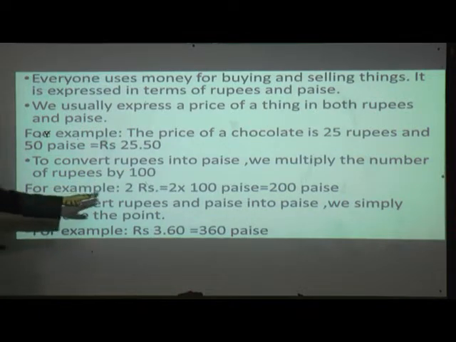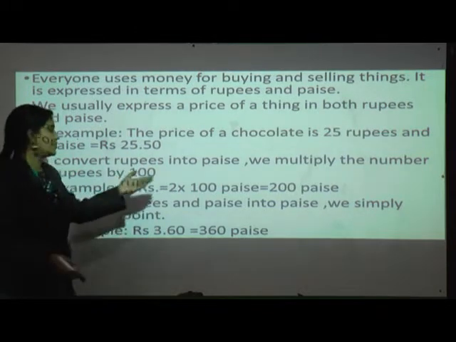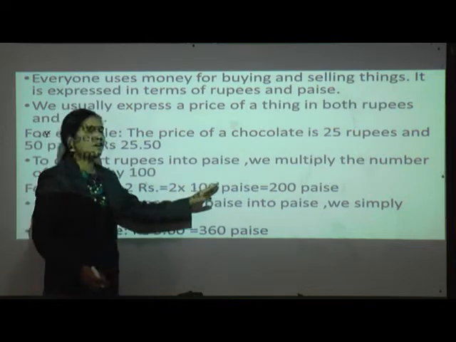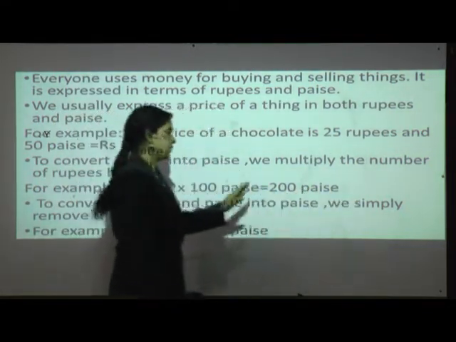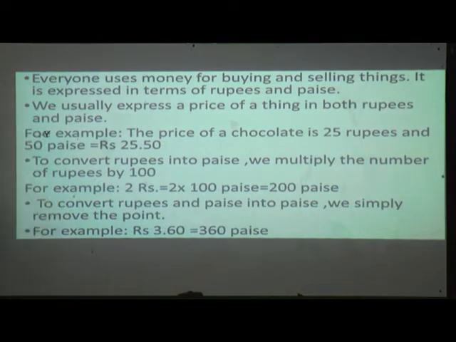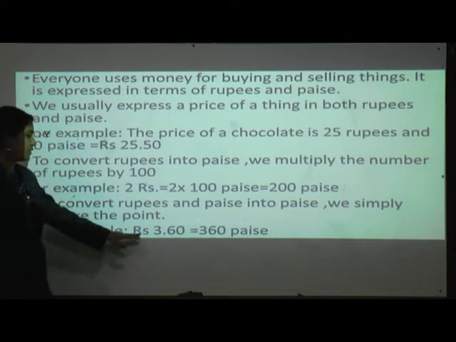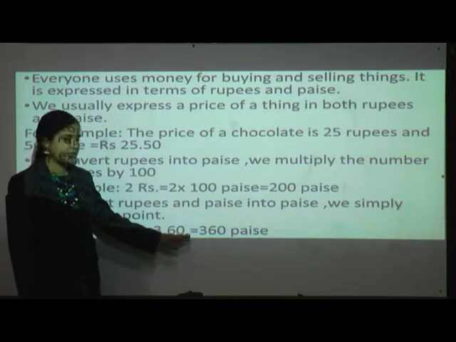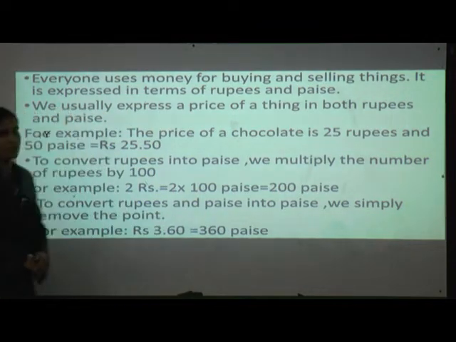Okay, for example, 2 rupees. If you want to convert it into paise, just multiply 2 by 100. You will get 200 paise. Okay. Now, to convert rupees and paise into paise, we simply remove the point. For example, rupees 3.60 is equal to 360 paise.